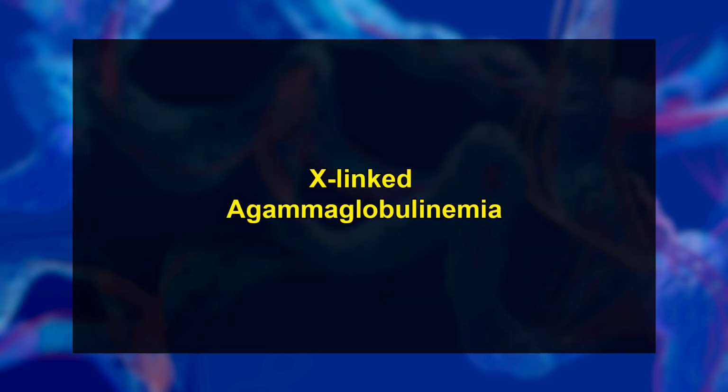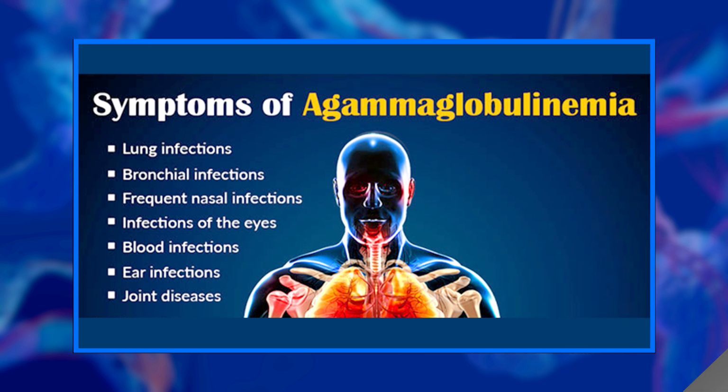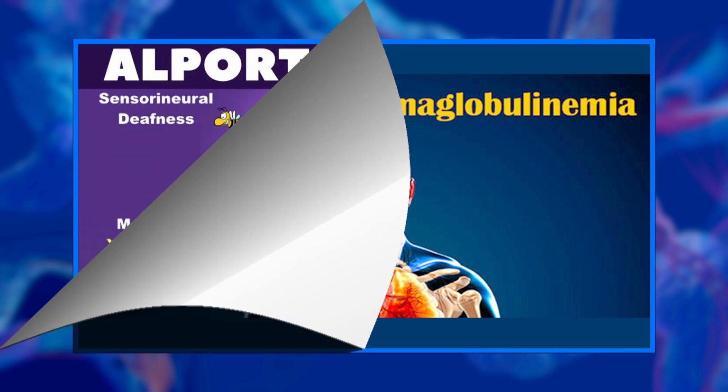X-linked agammaglobulinemia results in the inability to make plasma cells and antibodies. That means there are no plasma cells secreting the antibodies. The individual develops susceptibility to a wide range of infections which can be fatal because of absence of gamma globulins.